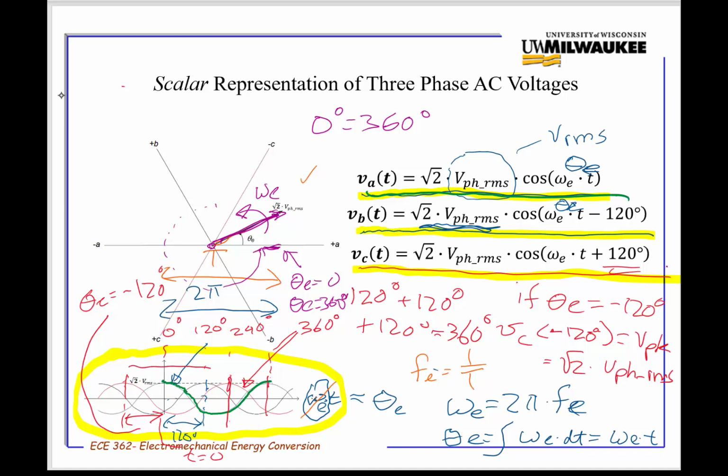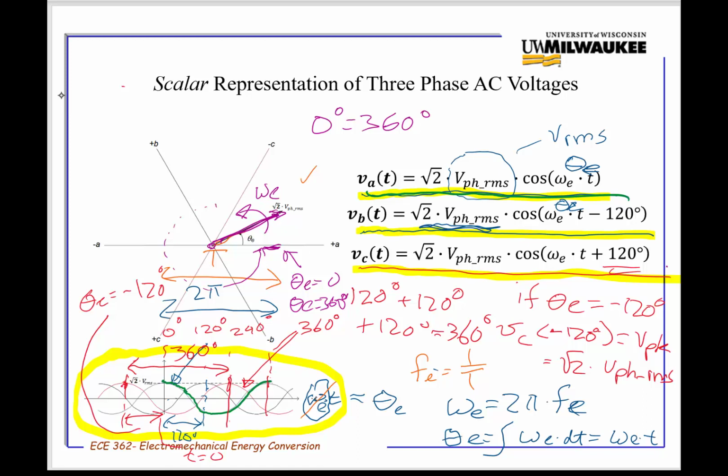This is 360 degrees later as far as the amount of angular travel that has occurred since I was at my last VC peak.